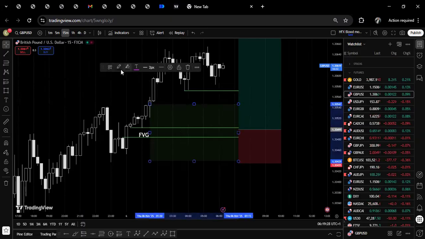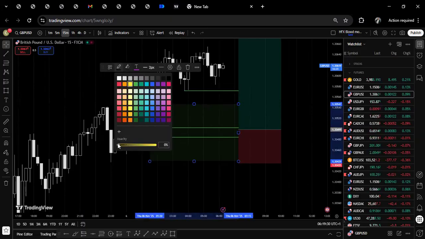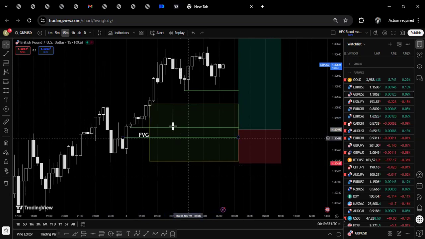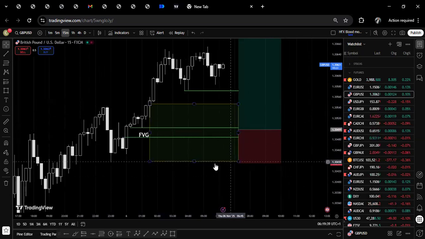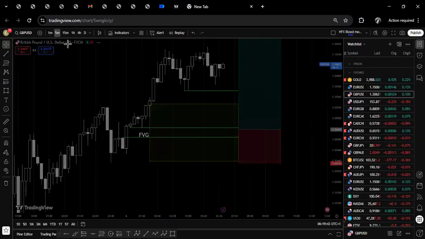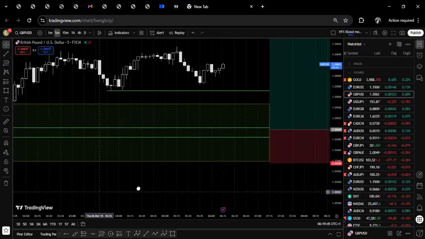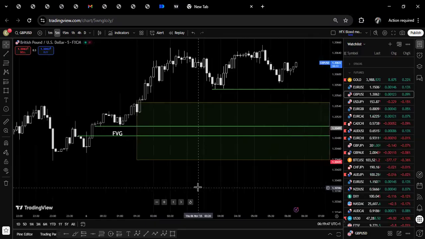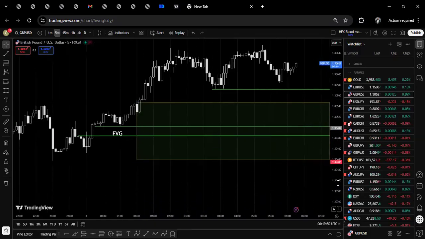Let me highlight it again so that you see. Our interest zone is within this box, right? So let's go down to the 5 minutes to see if we can get something there.